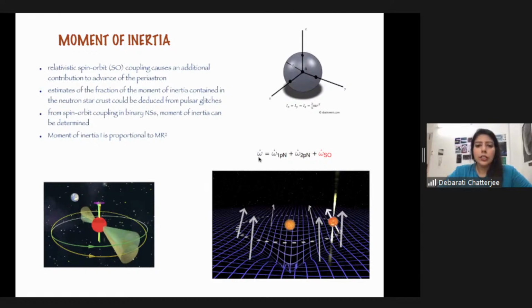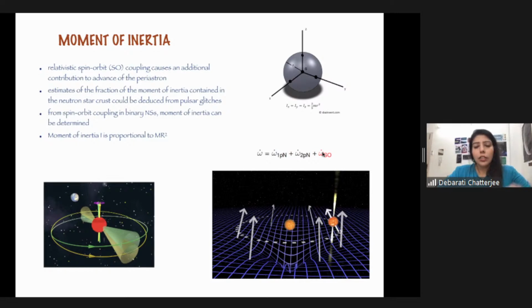Imagine that this omega dot is the periastron, and omega SO is this relativistic spin orbit coupling contribution going to the advance of periastron. And this is related to the moment of inertia. So this is how it can be measured.